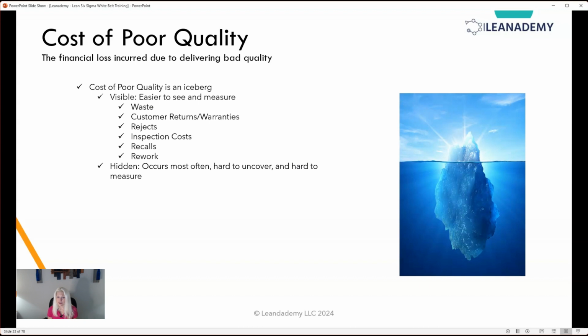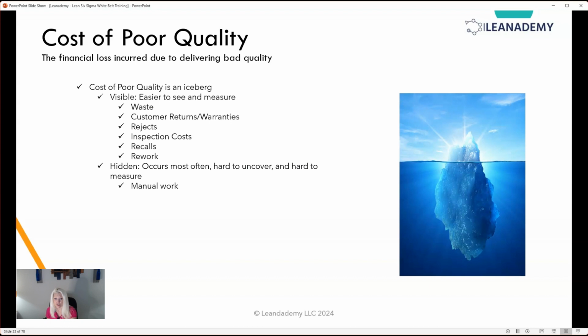It's hard to uncover because it's hard to see. So when you think about the iceberg, right, it looks big on the surface, but underneath it is much bigger than we had anticipated. So this comes into manual work. People sometimes don't understand that the manual work that we do today actually goes back into rework.